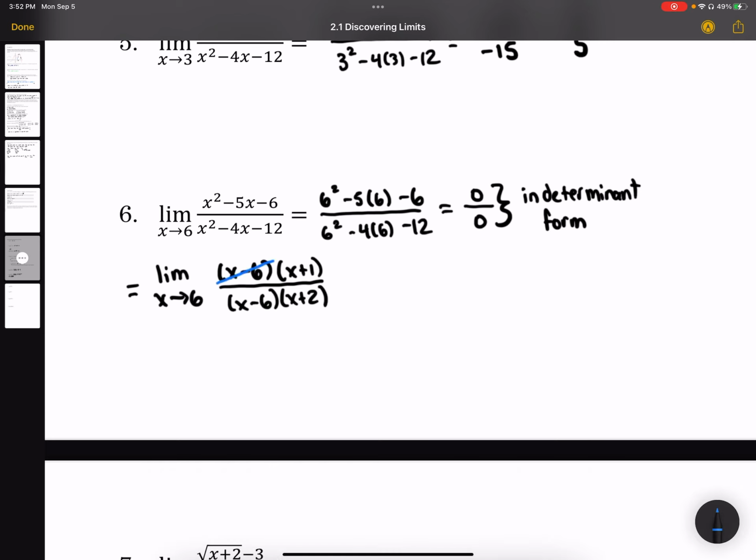We can cross that out because x minus 6 divided by x minus 6 is 1. So this is the same as the limit as x approaches 6 for x plus 1 divided by x plus 2. And now substituting in 6 is going to yield 7 divided by 8. We no longer have the indeterminate form, so that is our limit.